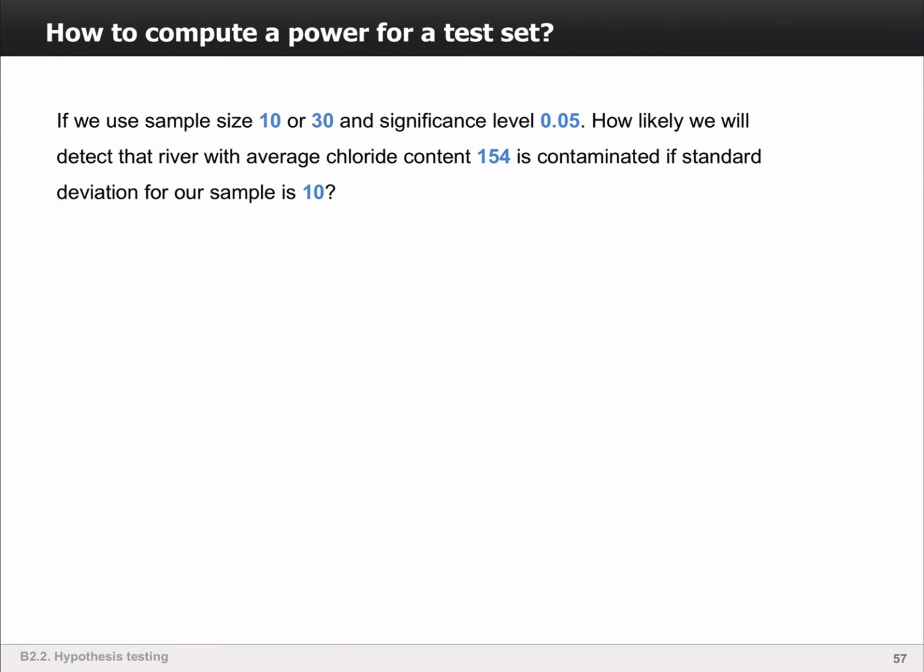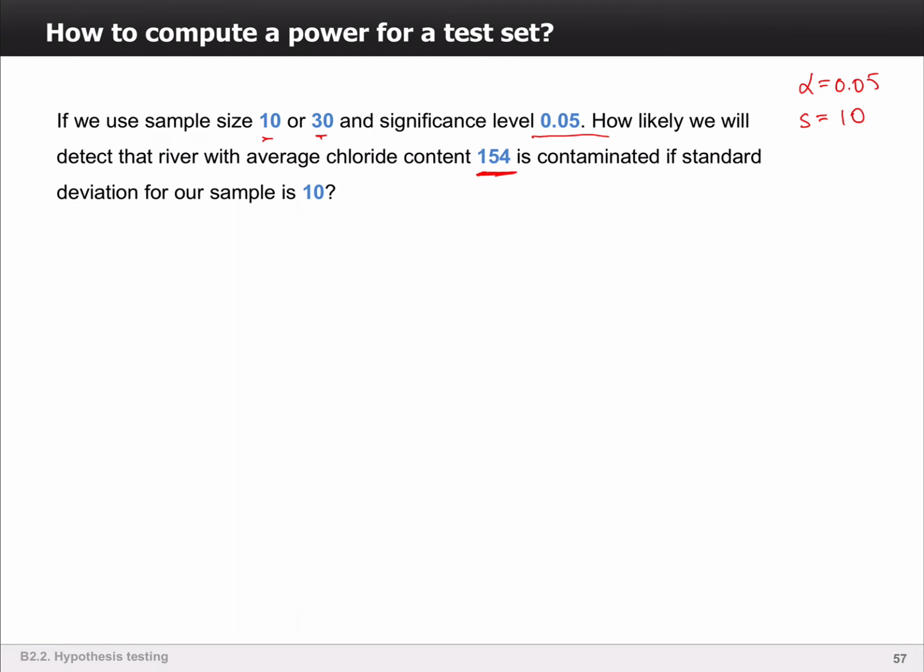The first example is the following. We use sample size 10 or 30 and significance level 0.05. Let's fix the significance level at 0.05 in all our examples, and let's assume that the standard deviation of our sample is always 10. Then look, sample size 10 or sample size 30, and the true average chloride content in the river is 154.